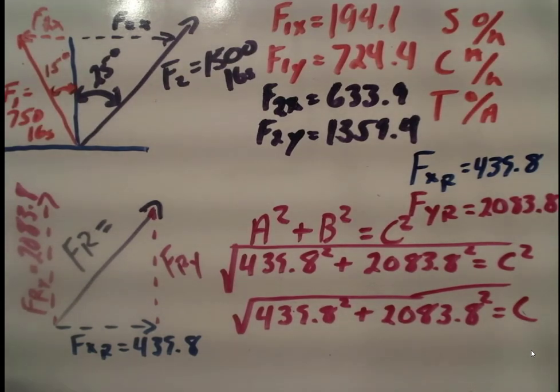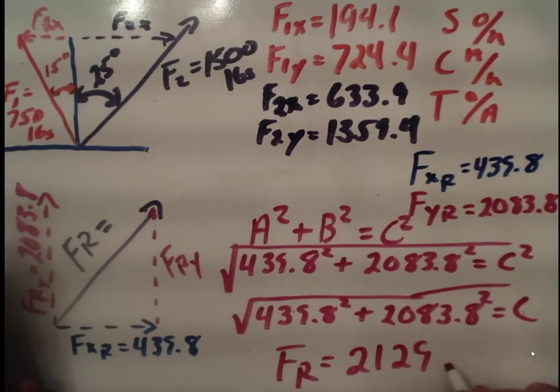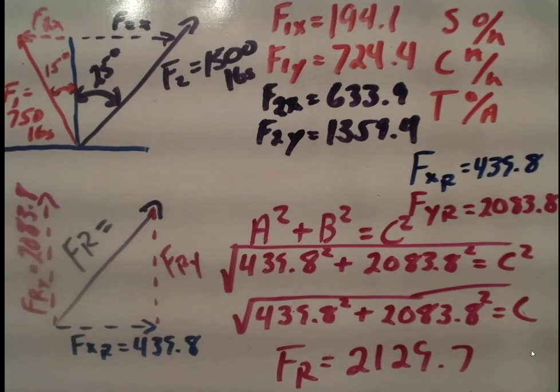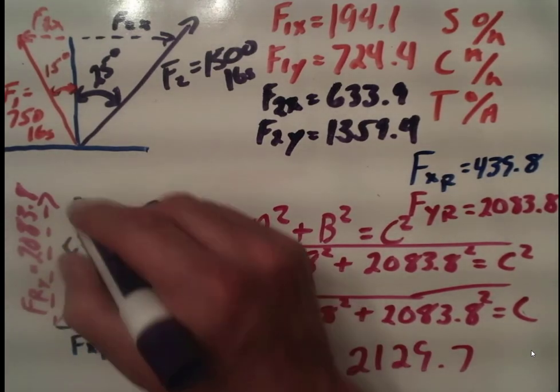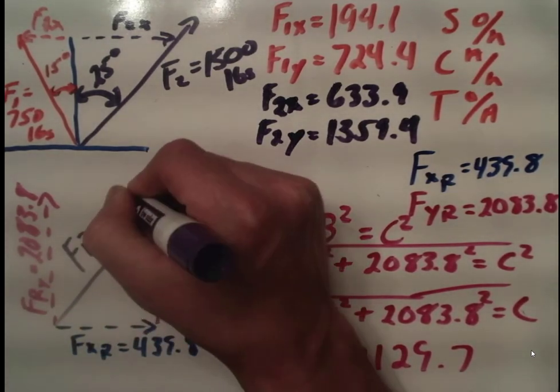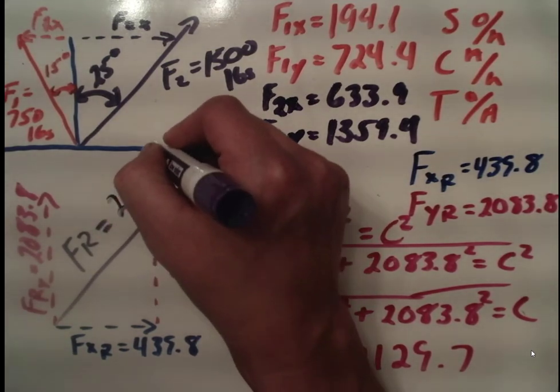So when we type that into our calculator, we get an answer of the resultant force magnitude equals 2,129.7 pounds. So that is the magnitude of our resultant force, equaling 2,129.7.